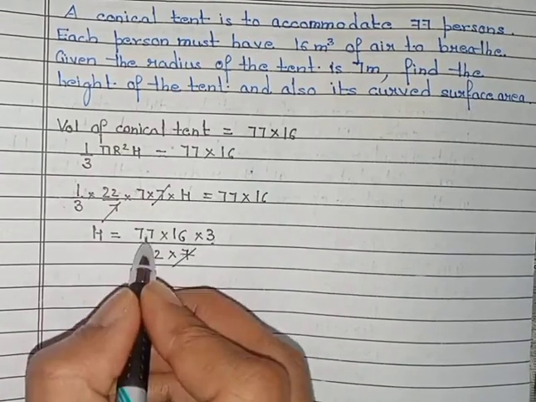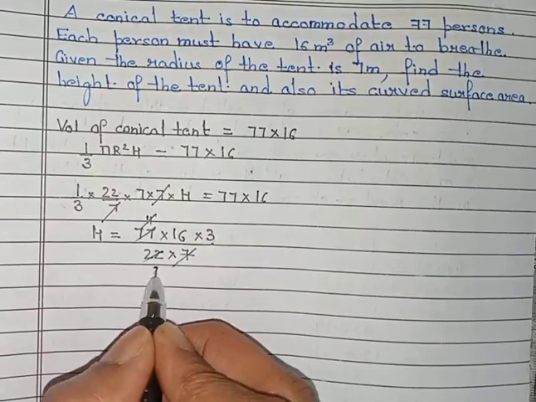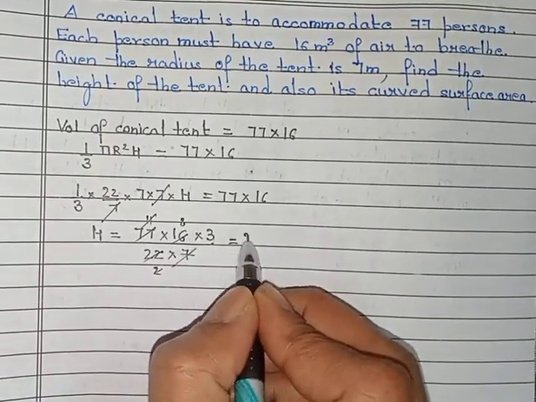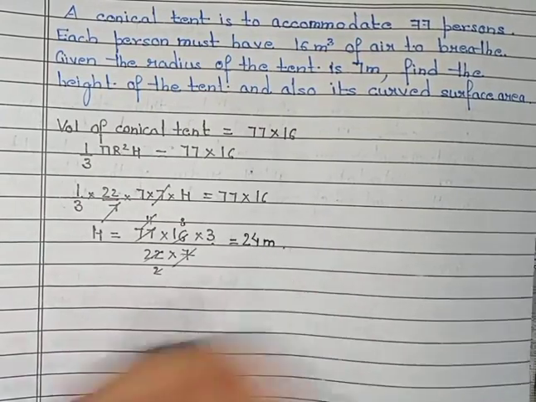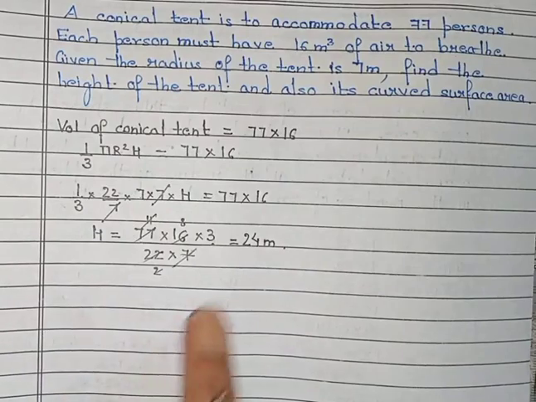So 7 will reduce 11 times, 11 will reduce 2 times, 2 will reduce 8 times, so 8 3s are 24. So we have got the height of the tent as 24 meters.